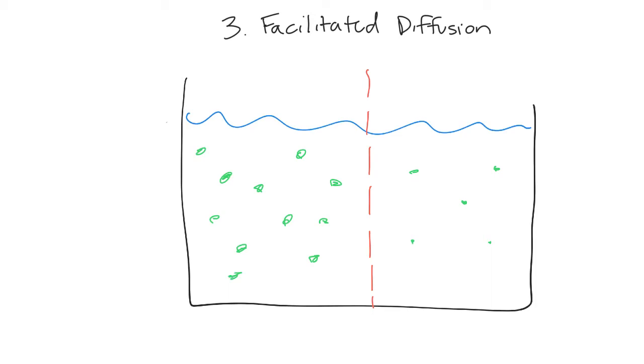And in facilitated diffusion, same system, except in this one, we also have a channel protein which then allows diffusion to occur.